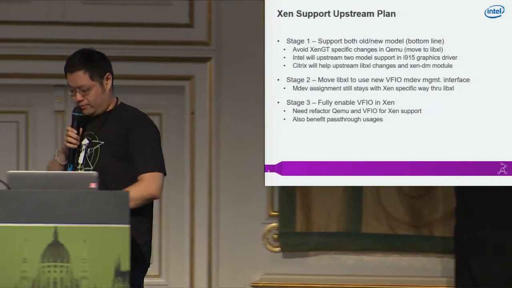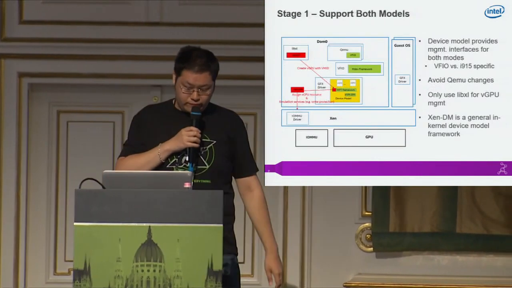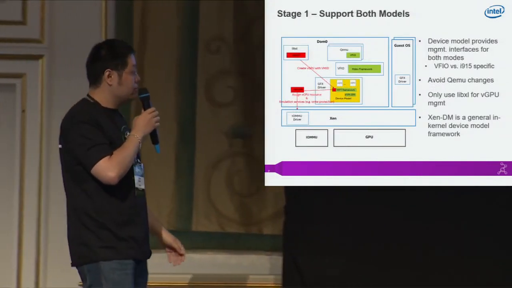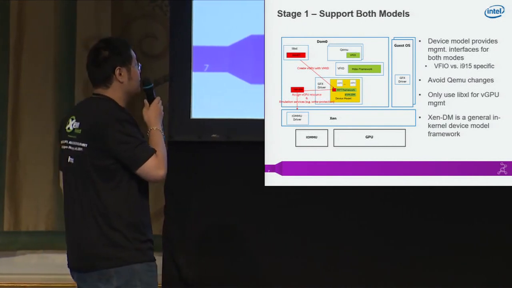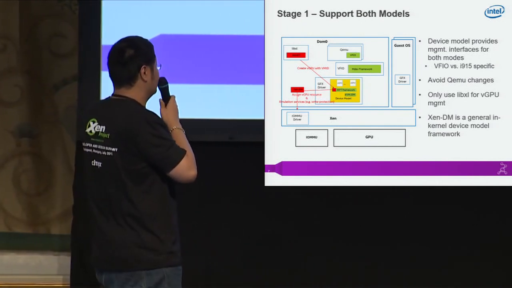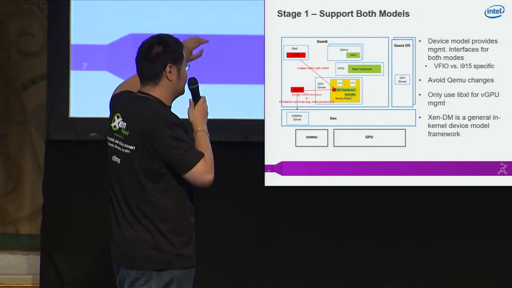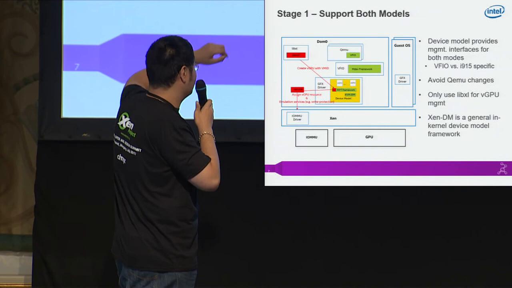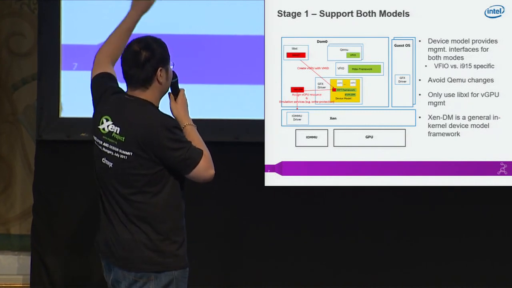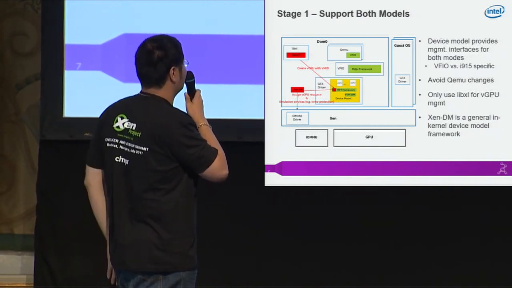So let's see something detailed. Yeah, this is the first stage. It means that we have to also upstream our previous vGPU lifecycle management into the upstream kernel, so that everything in the old mode could work.